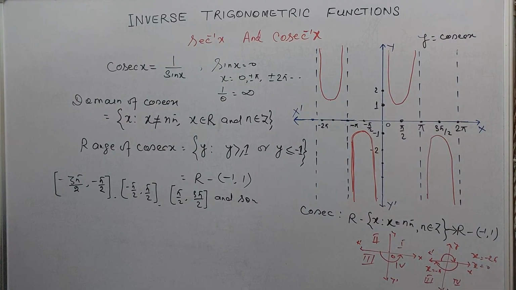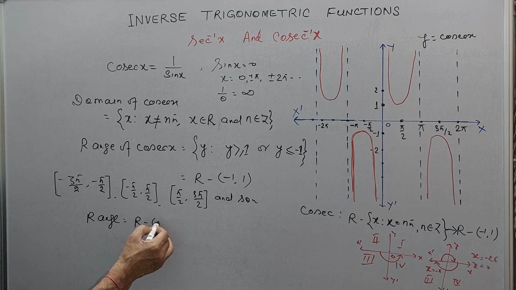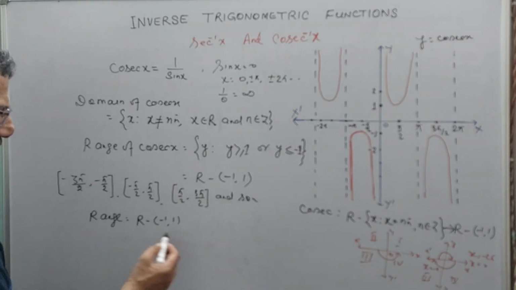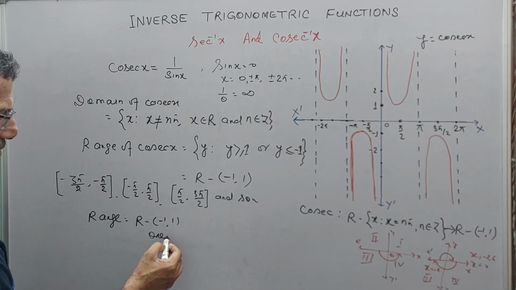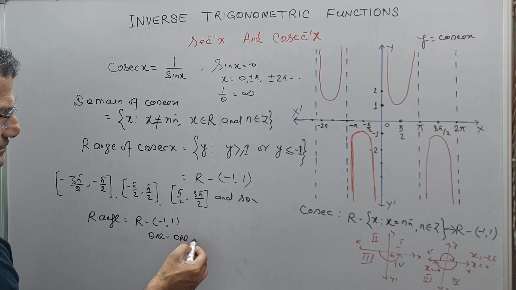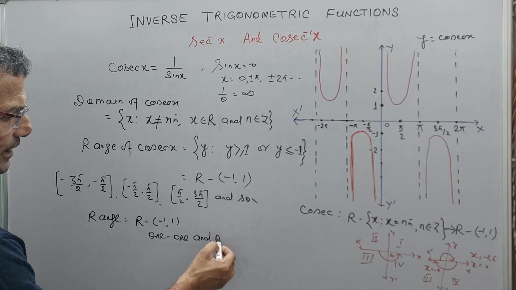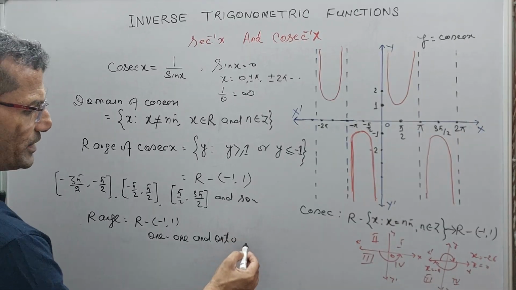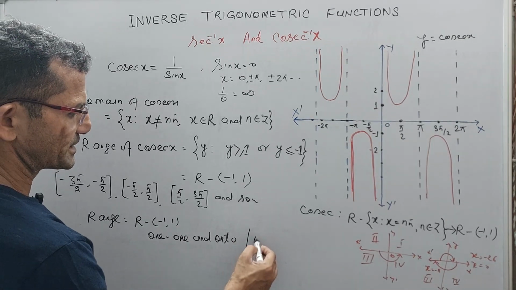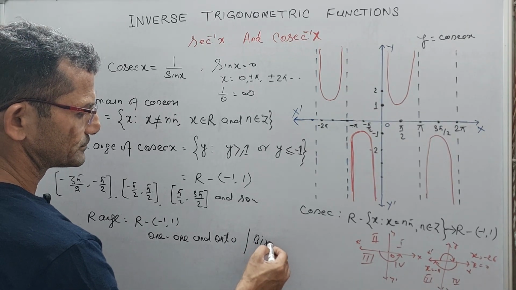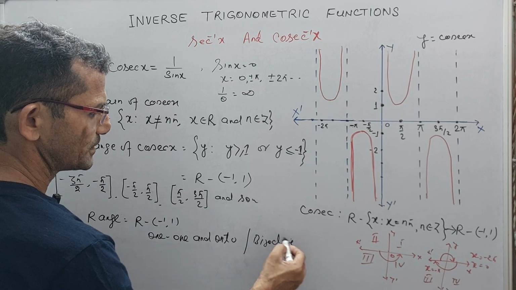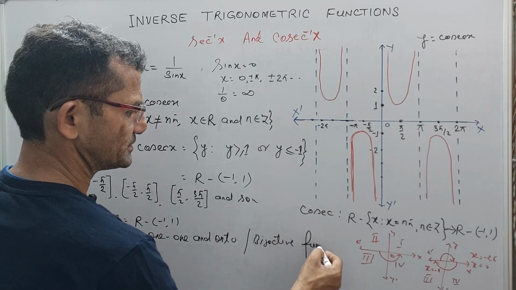On these branches, all these intervals should have the same range. This will be our range, and the function will in that case be one-one and onto. One-one and onto is also called a bijective function. This is called the bijective function.